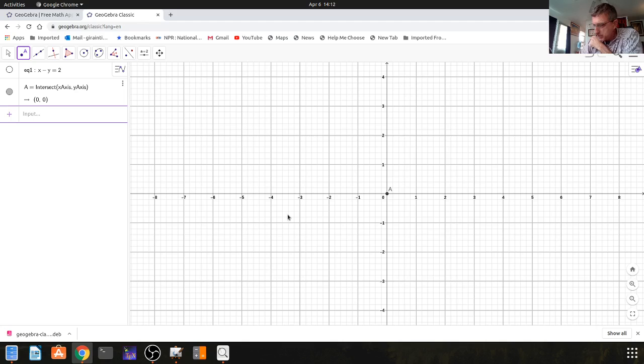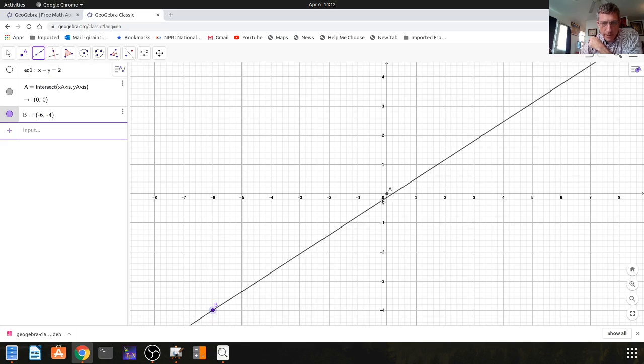That's the 0, 0. Now I'm going to do minus 6 and minus 4. So my value of x is minus 6. And then I'm going to come down to my corresponding minus 4 line. And now literally, if I want, I can draw a line through there.